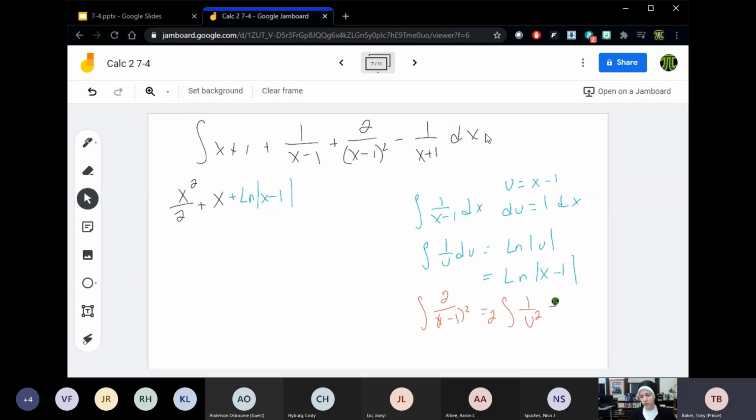So this becomes negative 2, 1 over u, because it becomes u to the negative 1st power. So that's why that one ends up being negative 2 over just x minus 1.